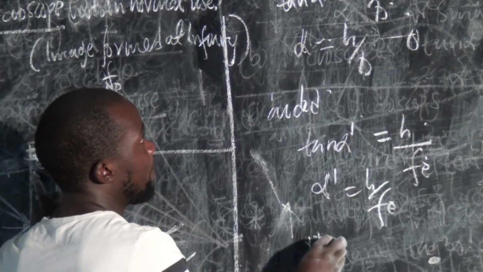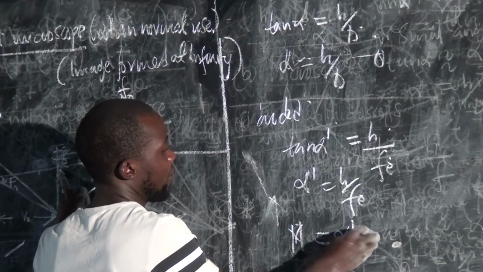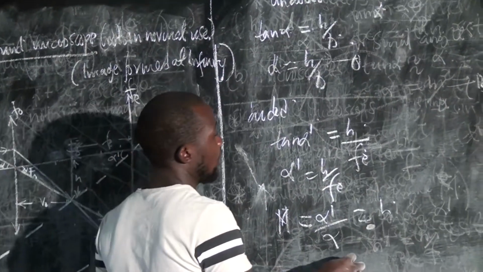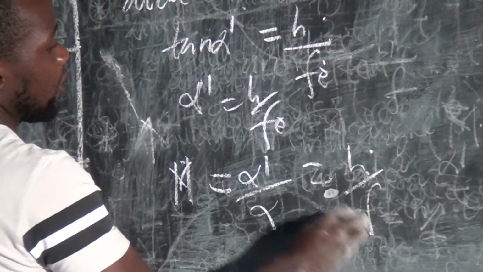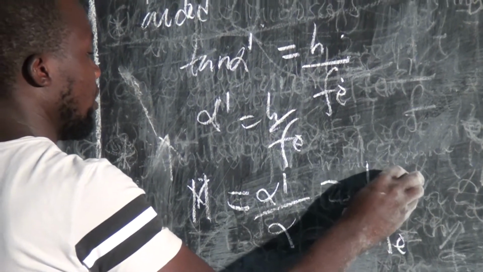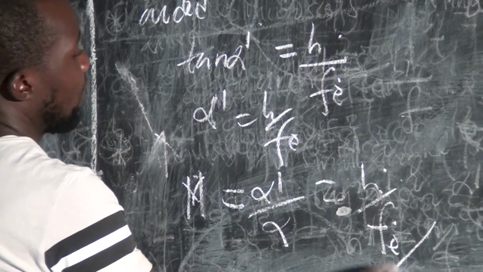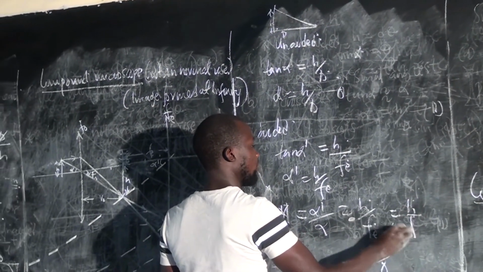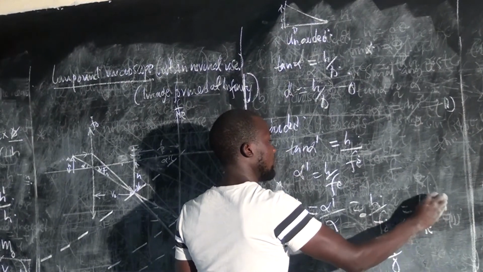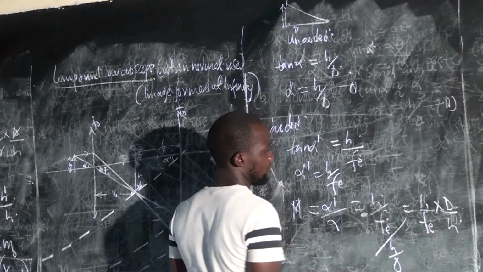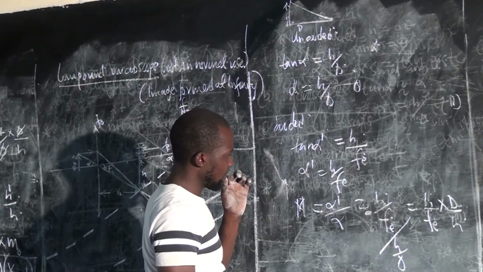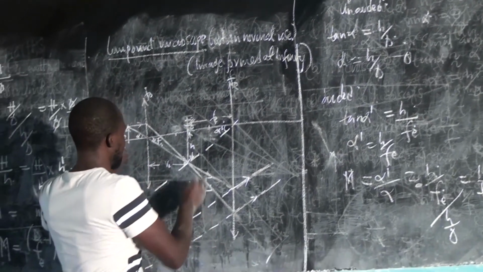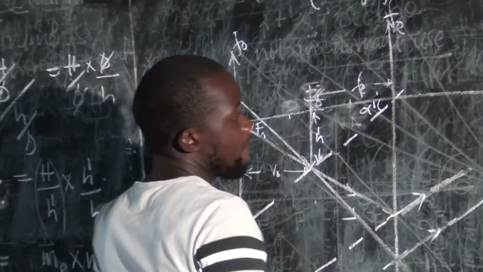So the magnifying power now becomes alpha prime over alpha, giving us H over FE divided by H over D. This gets us H over FE times D over H. This is H, and this is H prime.